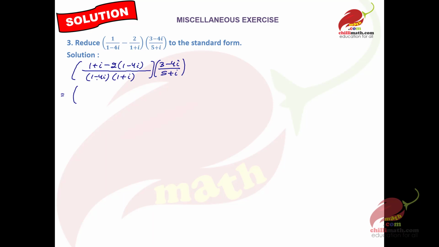Upon solving, this is 1 plus iota minus 2 plus 8 iota over, let us multiply this, this is 1 plus iota minus 4 iota minus 4 iota square, and writing this as it is, 3 minus 4 iota upon 5 plus iota.